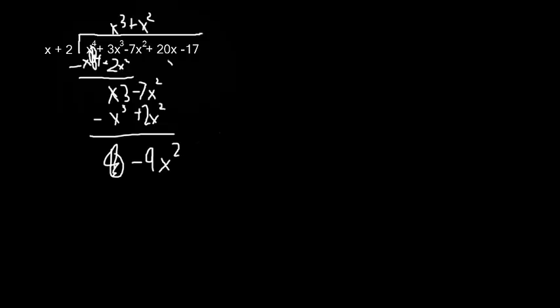I guess we don't really need the 0. Then bring down the plus 20x, and now we have to try to get rid of that minus 9x squared, which is also basic math: minus 9x at the top.